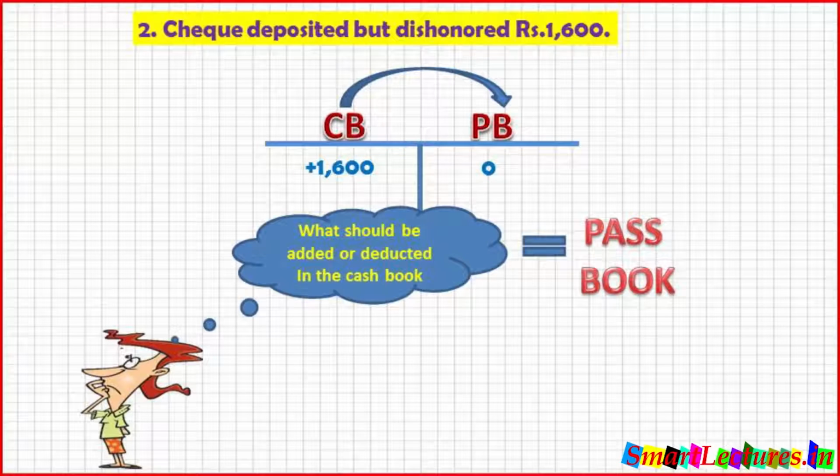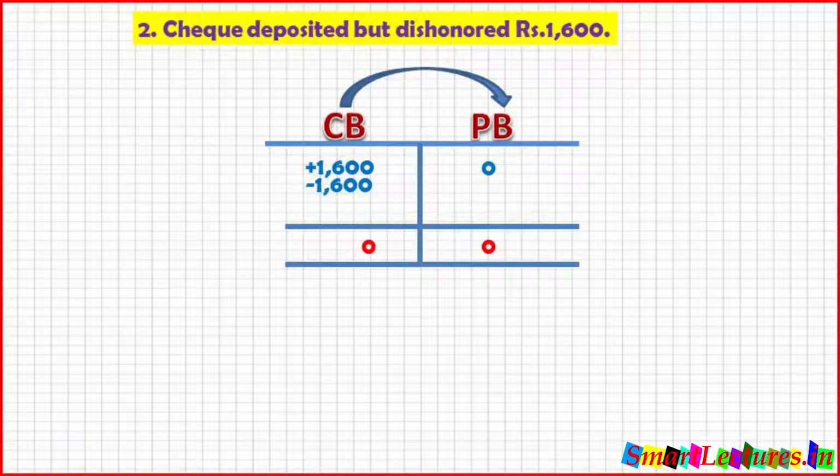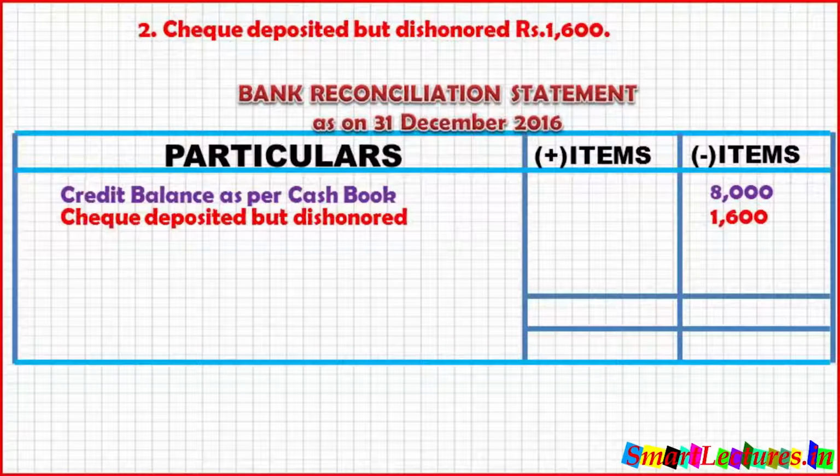So what should be added or deducted from cash book so that we can reach 0? That will be 1,600, means minus 1,600. This will be our answer. So write down check deposited but dishonored 1,600 on minus side.